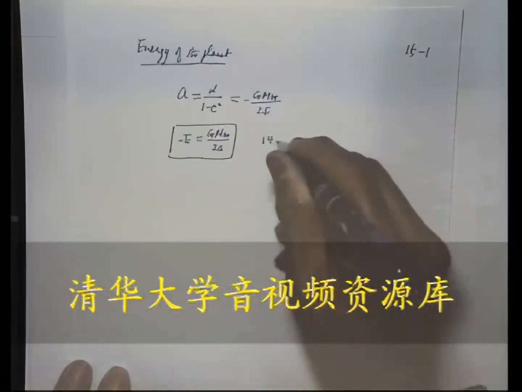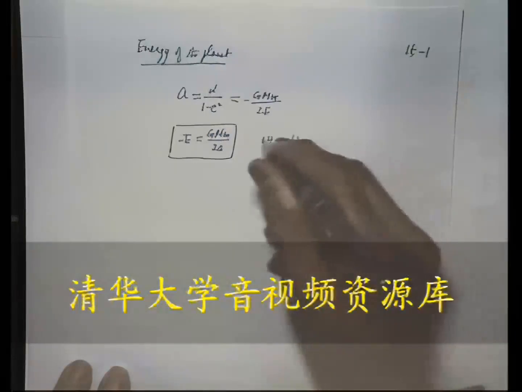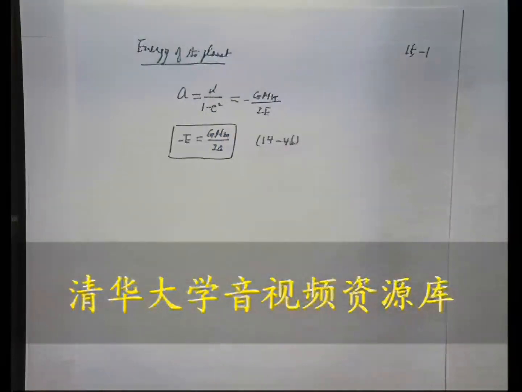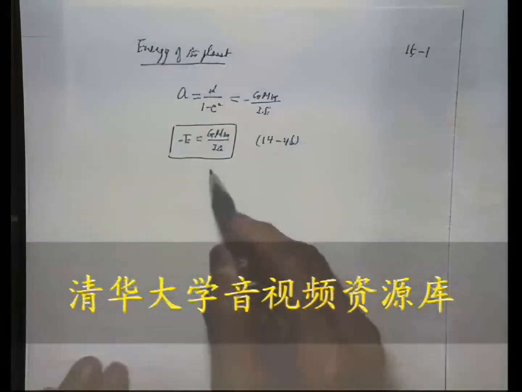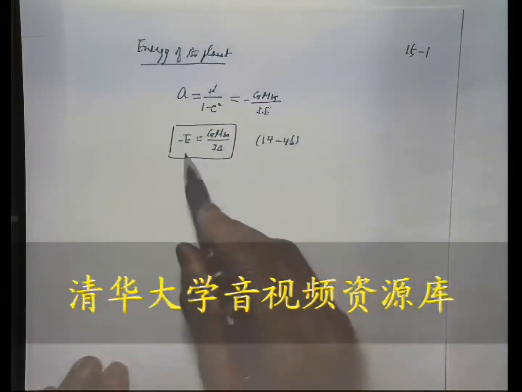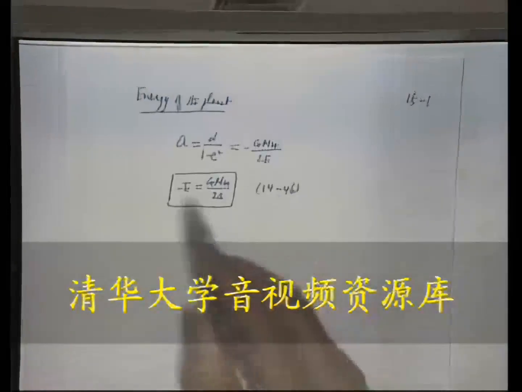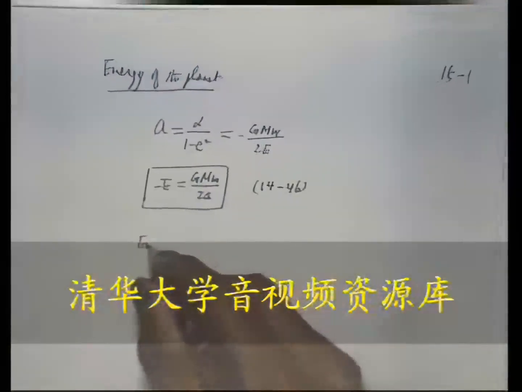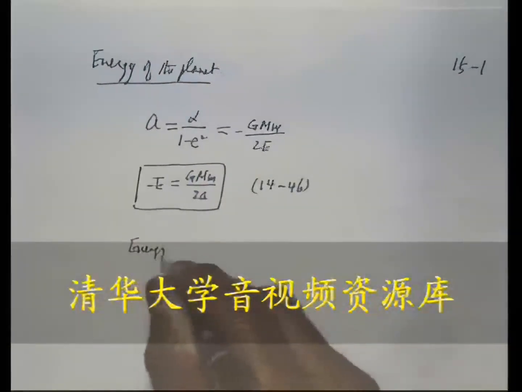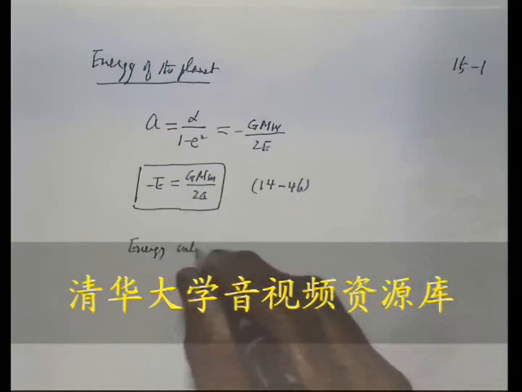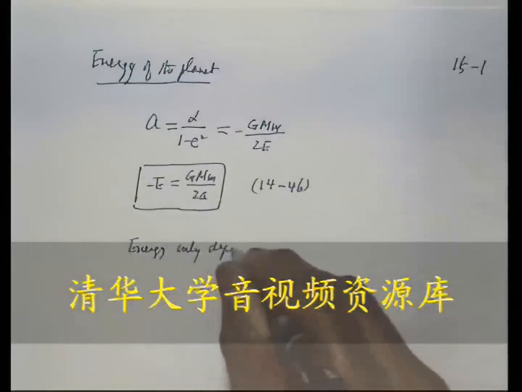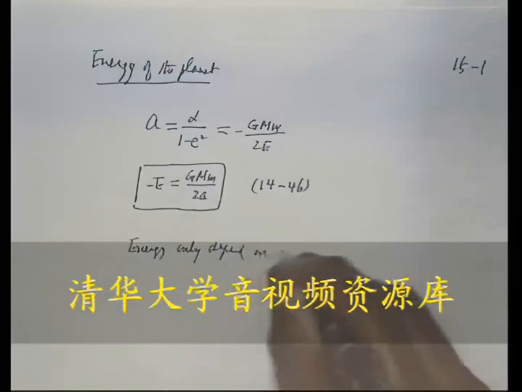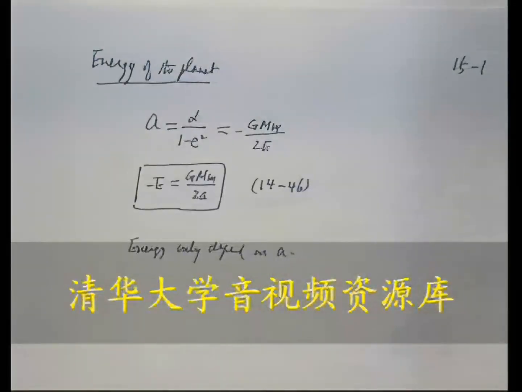In the book, this formula was given, but it was not derived because there was no discussion of how the orbit is an ellipse. It's very interesting that this energy only depends on A, on the semi-major axis.